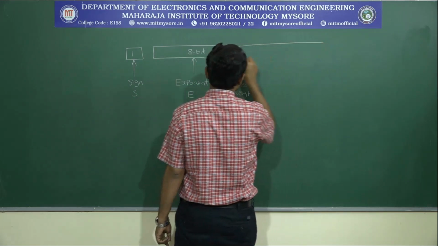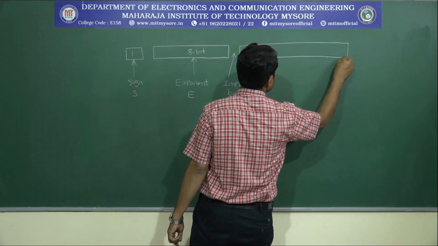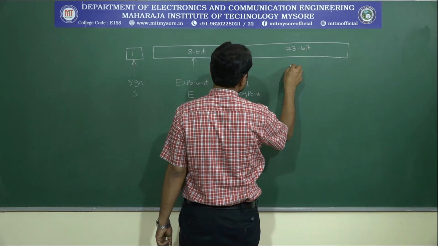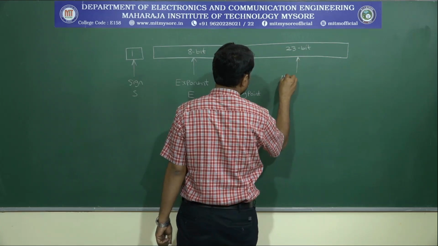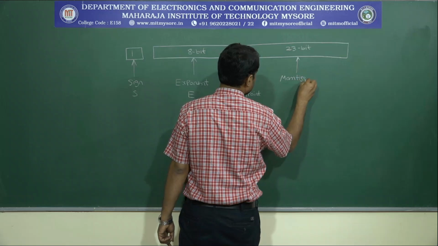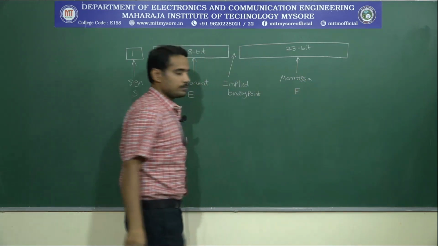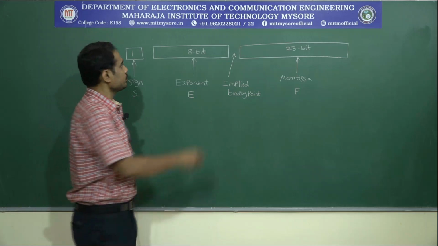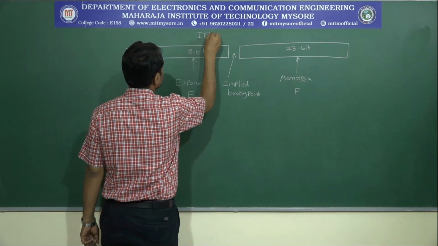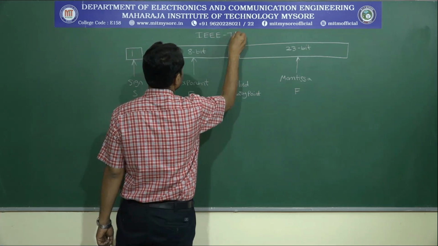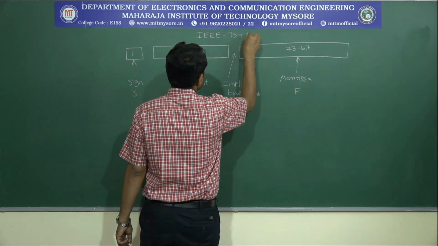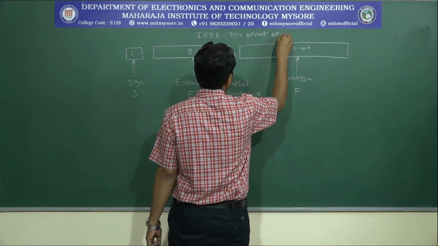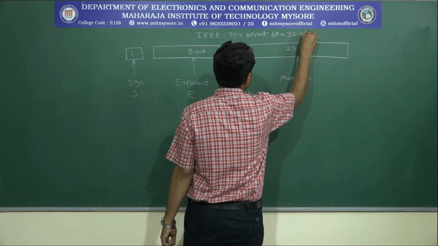Next, we have a 23-bit mantissa part, which is denoted by F. This is the standard IEEE 754 format for a 32-bit floating point number.